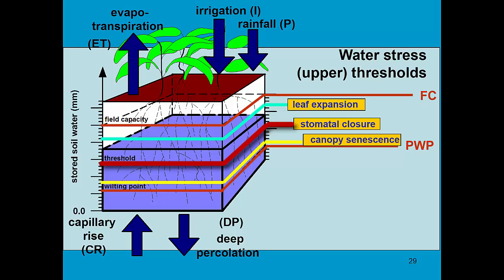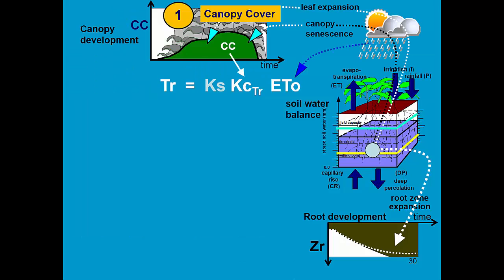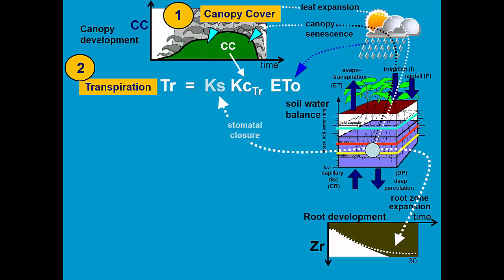As soon as the soil water content drops below the red line, stomata start to close and transpiration is reduced. This is simulated with the help of a water stress factor, a Ks factor. So when the water content in the root zone drops below the red line, Ks becomes smaller than 1 and transpiration is limited. When wilting point is reached, Ks becomes 0 and transpiration is 0.